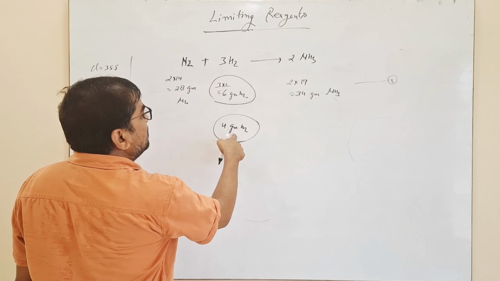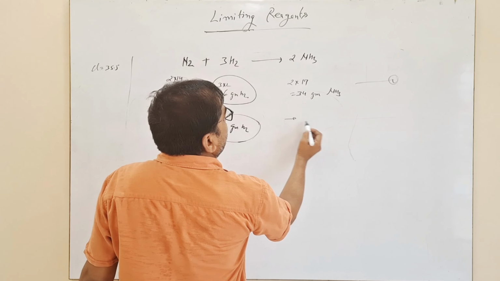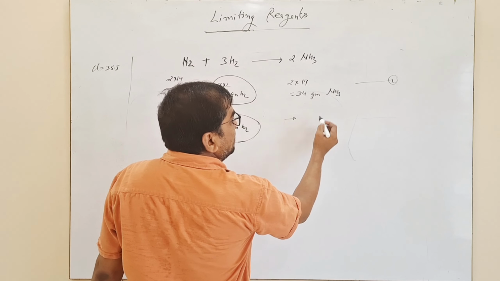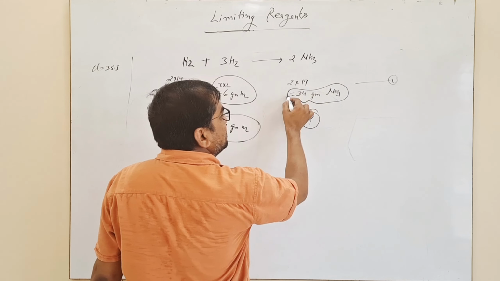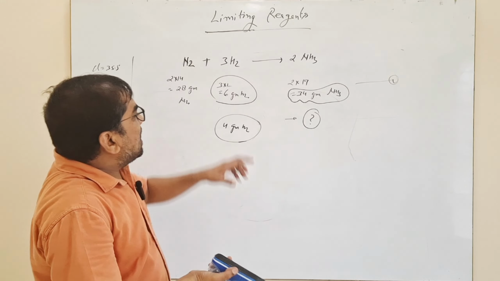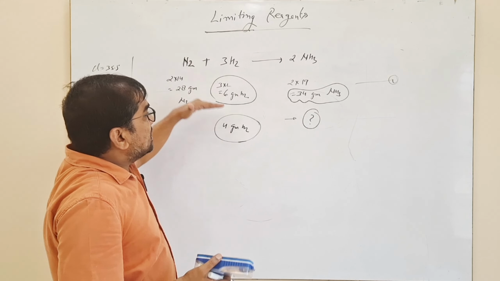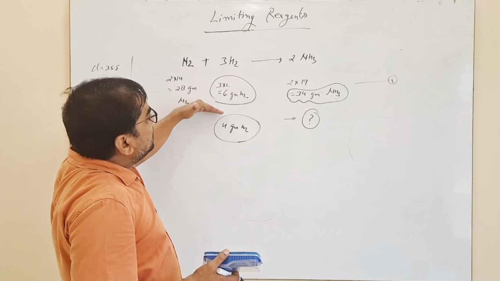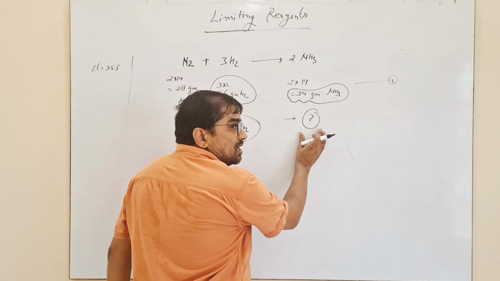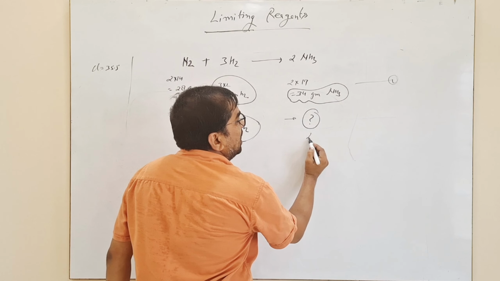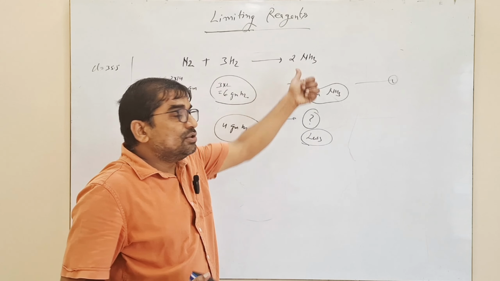So hydrogen will be consumed completely, and the product formed here will not be the same as given in the balanced chemical reaction, since the amount of reactant is less than required by the balanced chemical change. So the amount of product formed will also be less as compared to the balanced chemical equation.